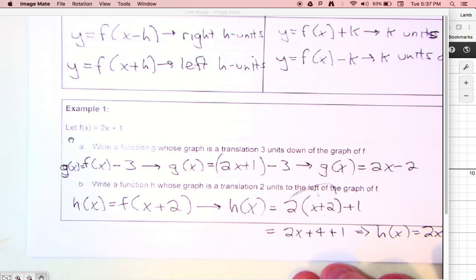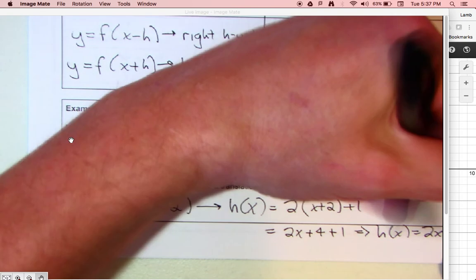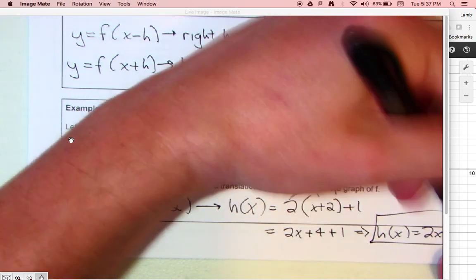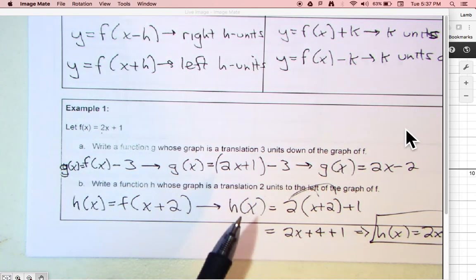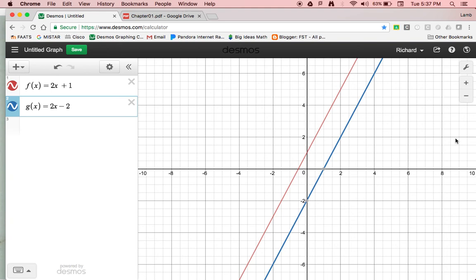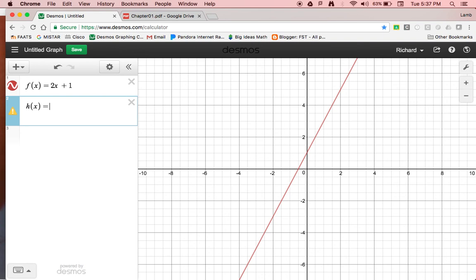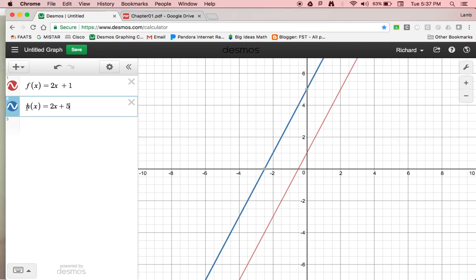What this equation will do is move this function 2 units to the left. Let's see what that looks like. Alright, so we've got that one right there. Let's replace this one: h of x equals 2x plus 5.